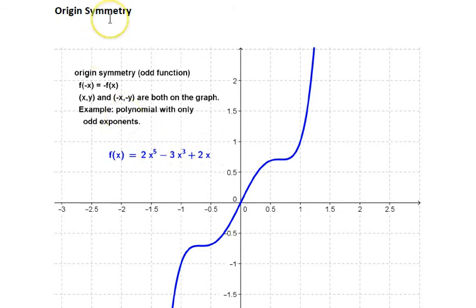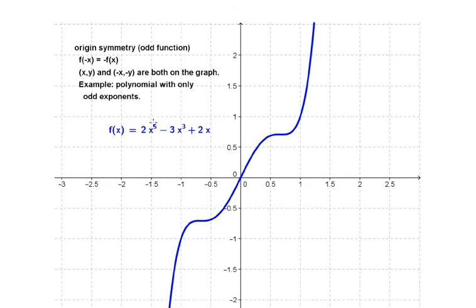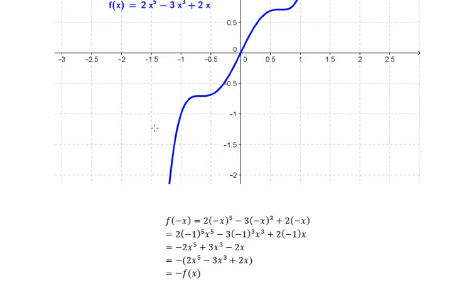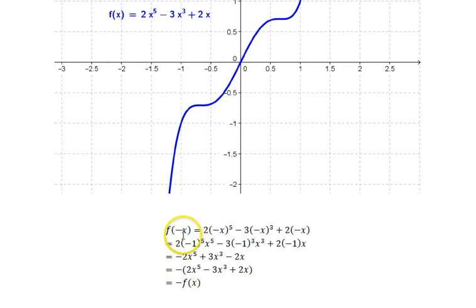These origin symmetric functions are also called odd functions because every polynomial with only odd exponents has origin symmetry. Looking at the algebra for this, take our original function here and evaluate it at negative x, substituting a negative x for x, again using the product rule of exponents.